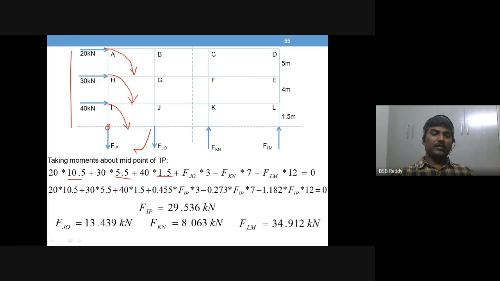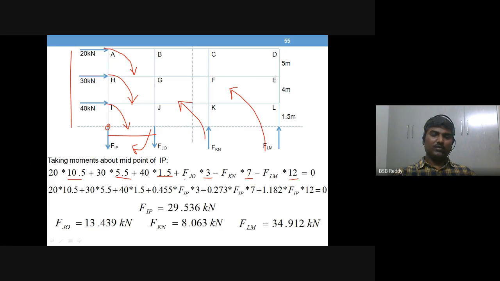Then JO into distance 3, then FKN into 4 plus 3, opposite you see, same here, LM into 3 plus 4 plus 5, 12.